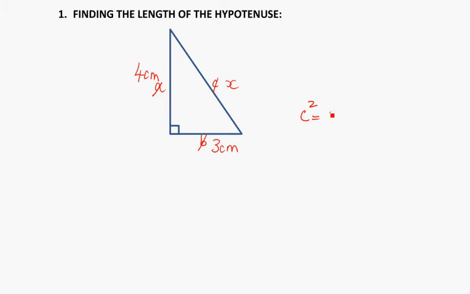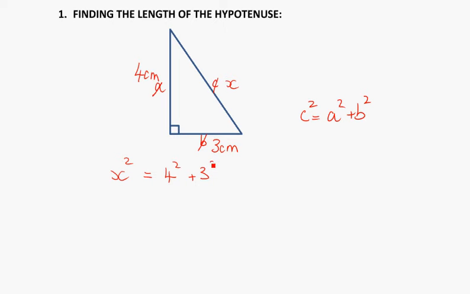C squared equals A squared plus B squared, and this is how we set it out. X squared, that's our unknown on the left. X squared equals 4 squared plus 3 squared.